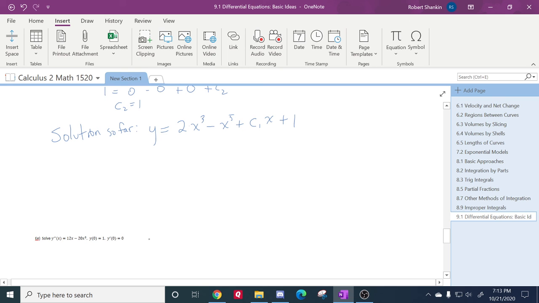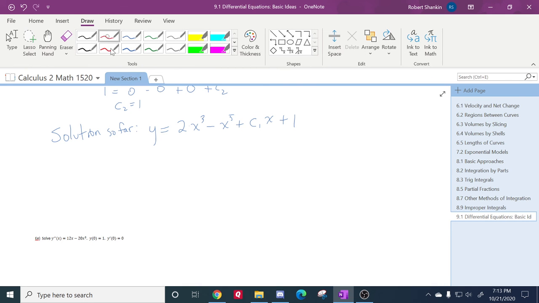Okay, so when we put this in, we're going to, first of all, take y prime. We think about y prime as 6x squared minus 5x to the fourth plus c1, and that one disappears. Now, into this equation, when the x is this, the y prime will be that.